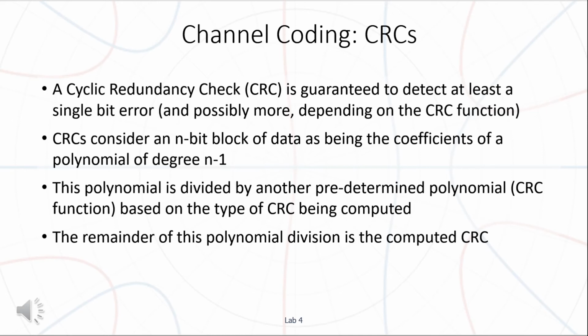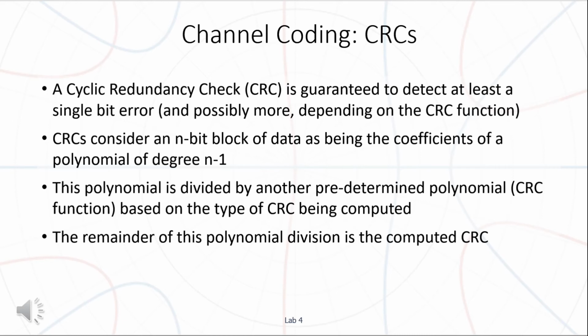This becomes the numerator polynomial, which is divided by another predetermined polynomial. The polynomial is determined by the CRC function, so we could have different types of CRC functions, and we'll have different denominator polynomials.